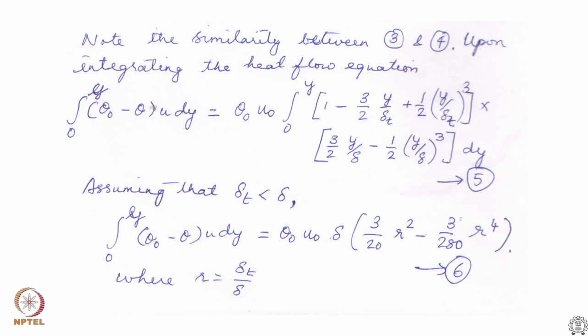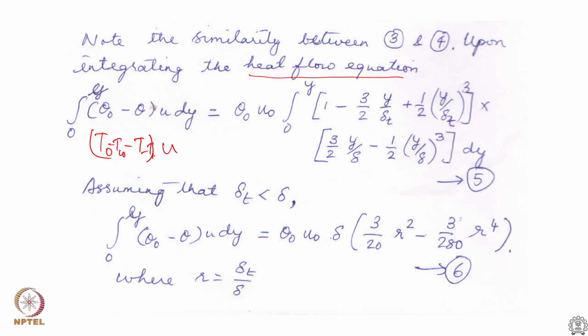So, now we move to the next part, which is the heat flow equation, which is nothing but this is your theta, you can write it in terms of T naught minus T, and then non-dimensionalize it or use T minus Tw.